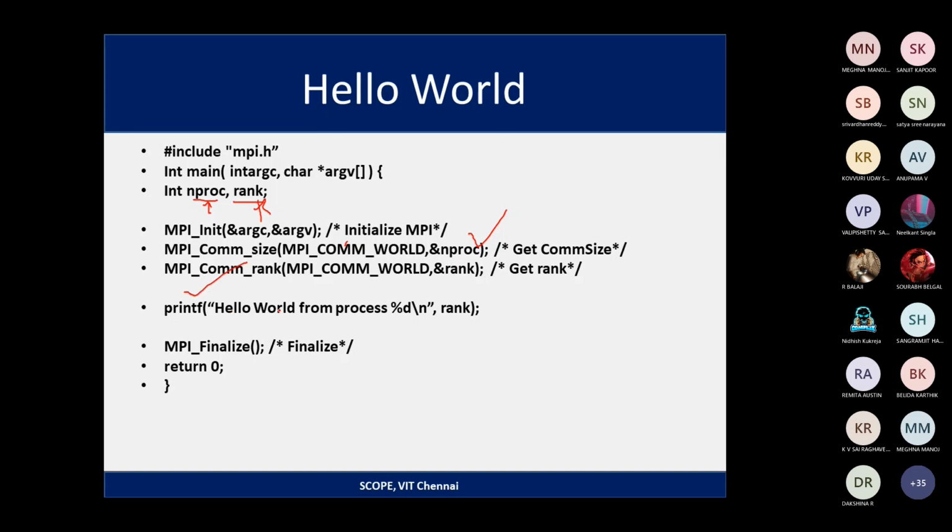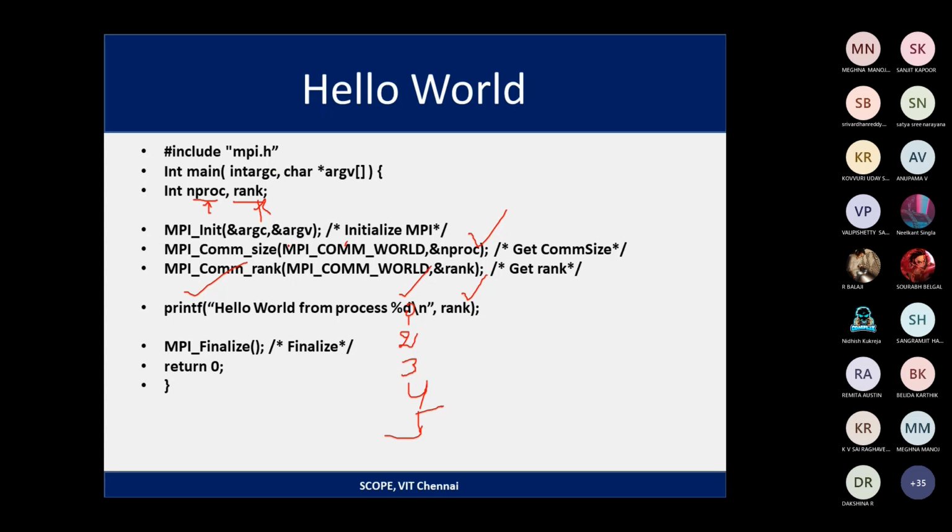Then I can print hello world from process percent d, where I am printing the rank, that is from each process I am printing hello world from processor. After running this program, I will get hello world from process 1, 2, 3. If it is starting from 0, then it will be 0, 1, 2, 3, 4, 5, like that.